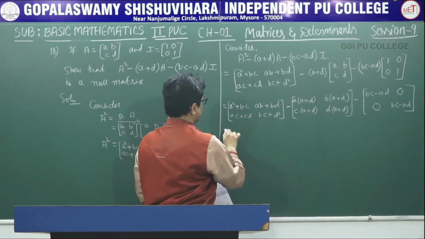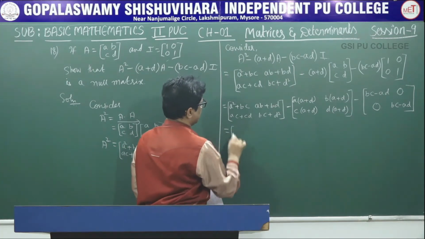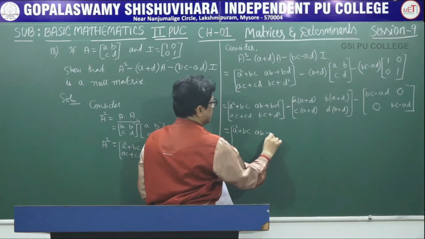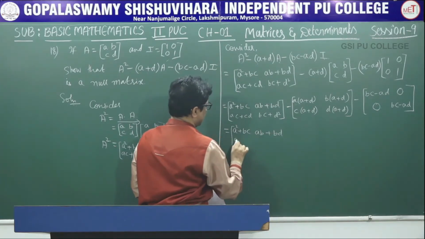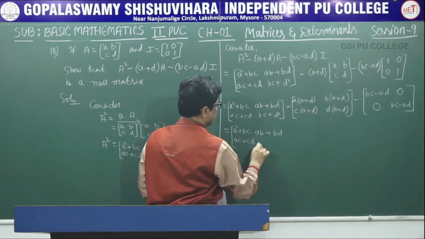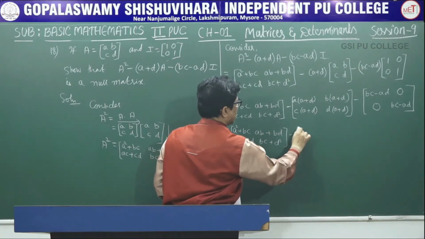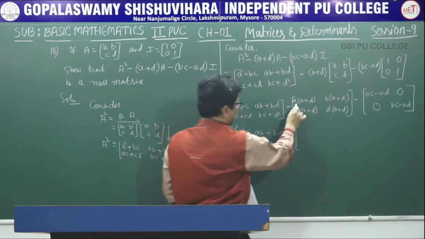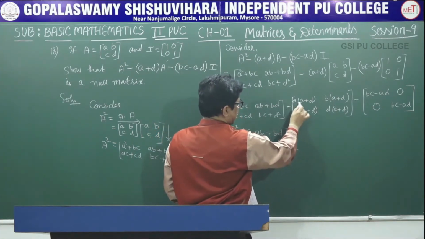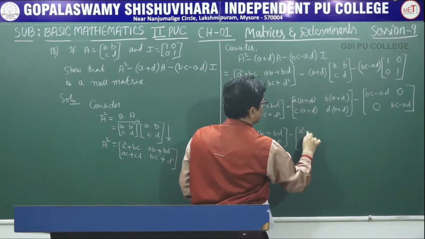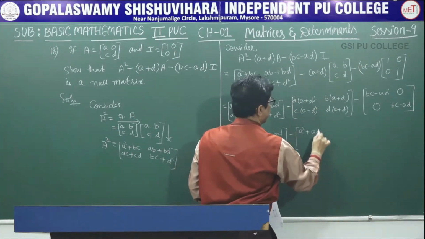So this will be equal to A square plus BC, AB plus BD, AC plus CD, BC plus D square minus, so you multiply A to A plus D. So A into A, A square plus A into D, AD.